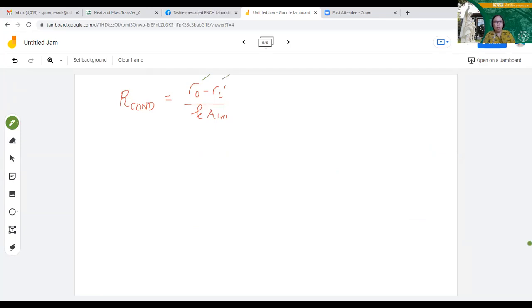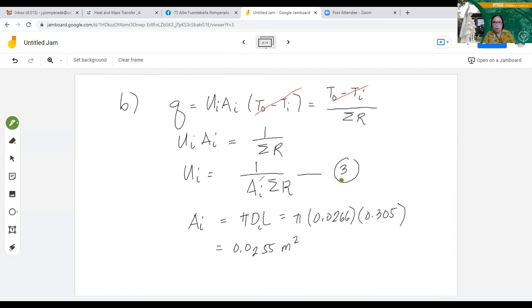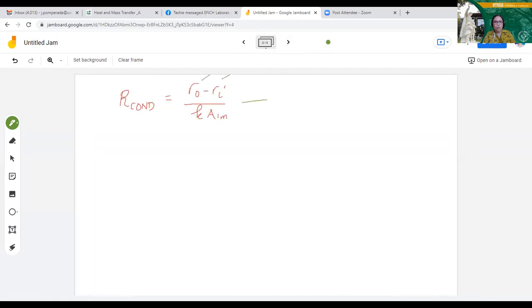This one should be the thermal conductivity of steel, and this one we need to determine first. Since we don't know it yet, I will go back to this. We'll label this one as equation 4.